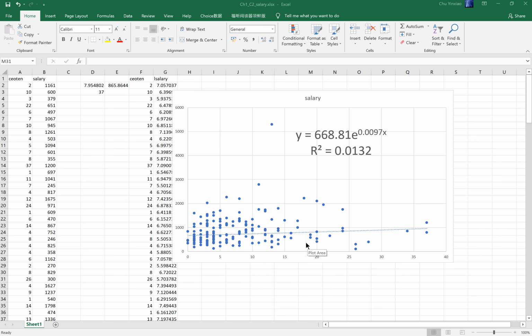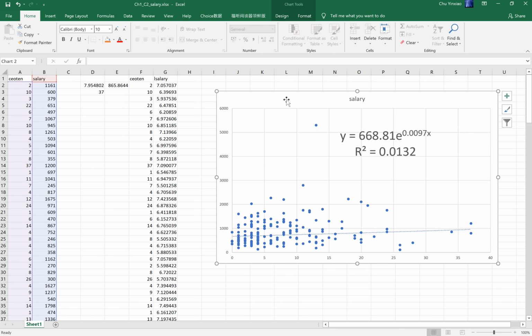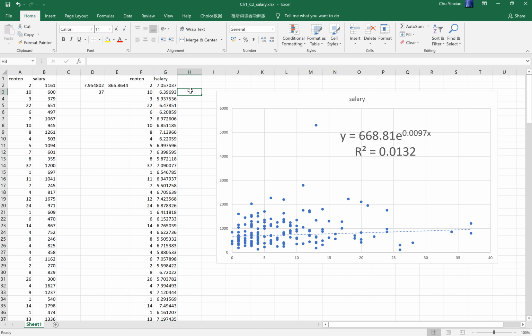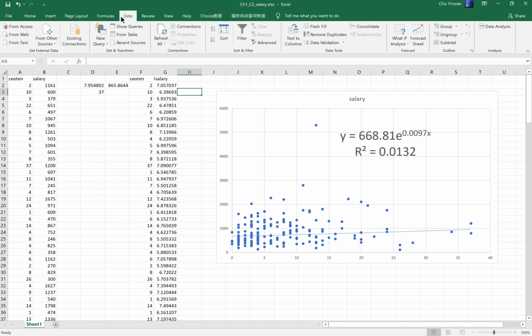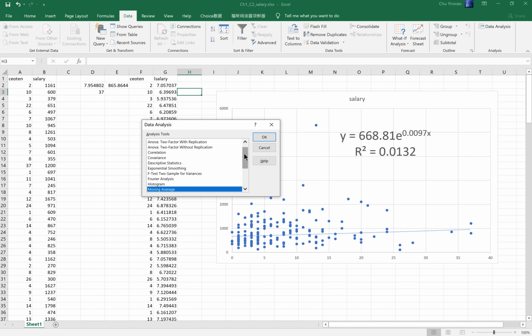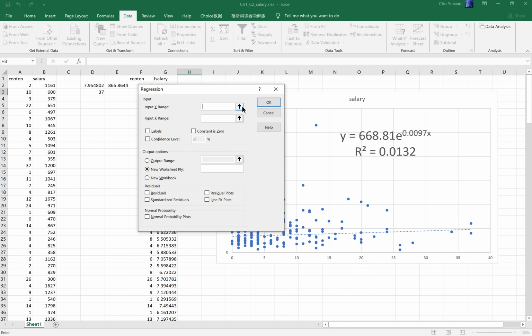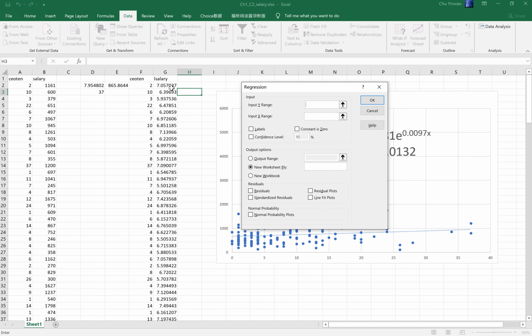There is another way to do linear regression. Simple linear regression basically uses the same methods as multiple regression, which you already know. So basically, we choose Data and choose Data Analysis. From here we choose Regression, and we use log of salary, lsalary, as our dependent variable, input y.